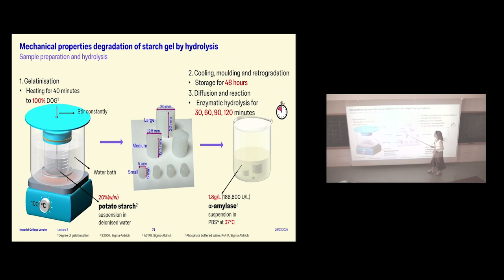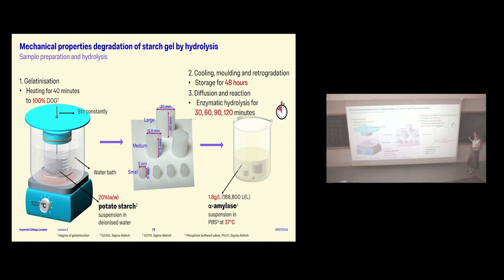You make the gels, which are, I'm sure you can just about see them here. They're white, unfortunately, but you can pour the material into molds to make different cylinders. They're very solid. So here I have small cylinders, about 5 millimeters, medium and large, so 12.5 and 20 millimeter in diameter.